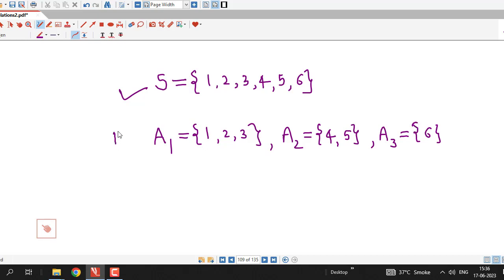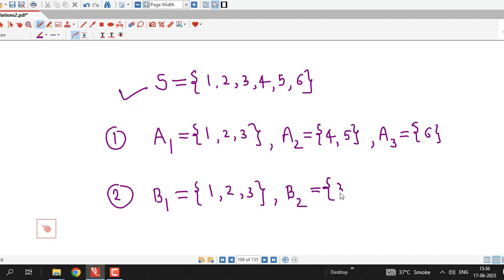So this is one collection of subsets of S, and I am considering another collection also. B1 equal to {1, 2, 3}, B2 equal to {3, 4}, and B3 equal to {5, 6}.